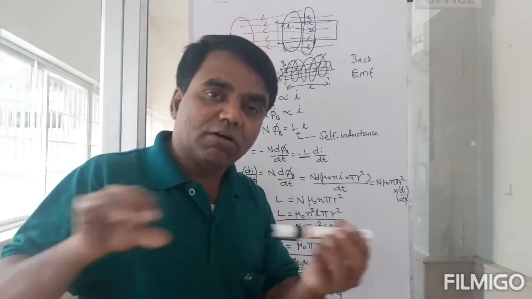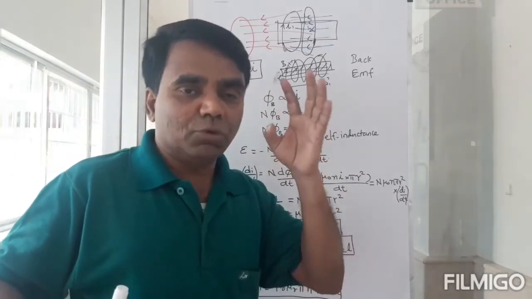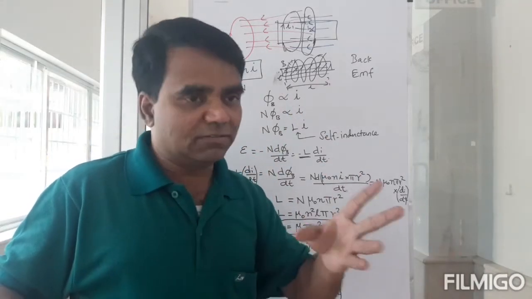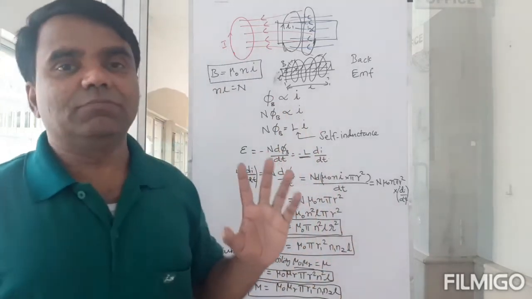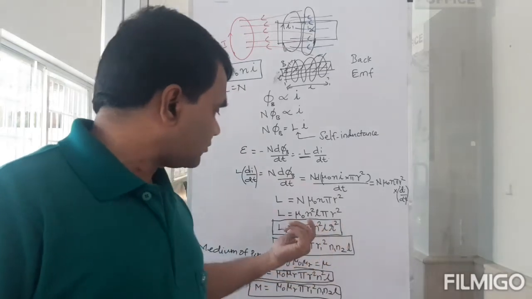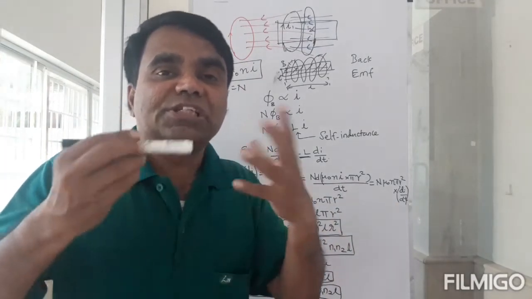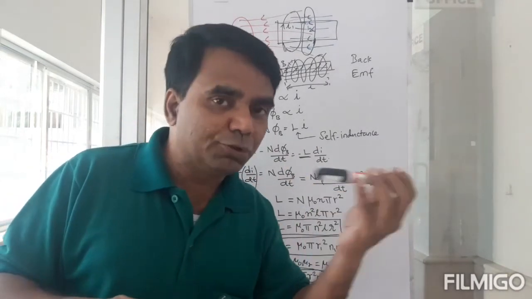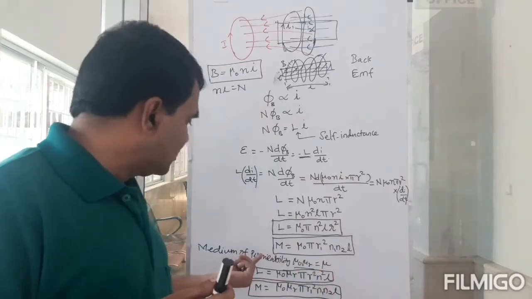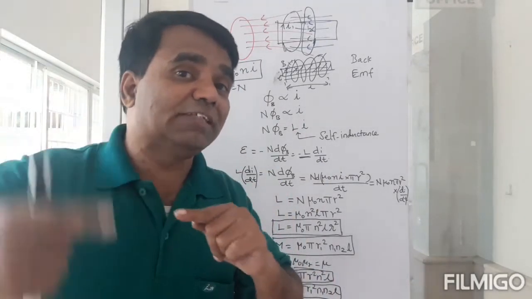But it will depend on the core. As long as the geometry remains the same, aluminum, copper and other materials will give you the same self-inductance and mutual inductance. What will change it is the core, the type of core you have. So when I talk about permeability, I talk about the core, not the material with which I make the wire.